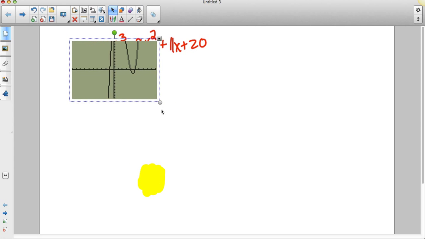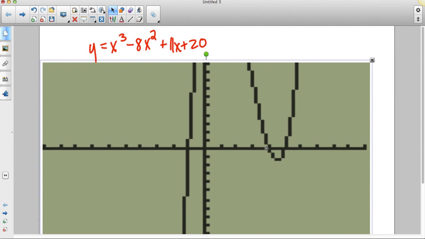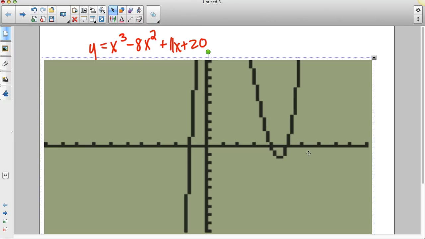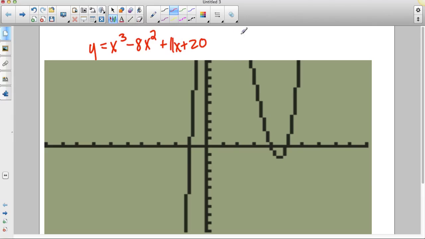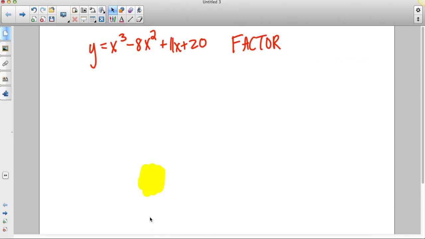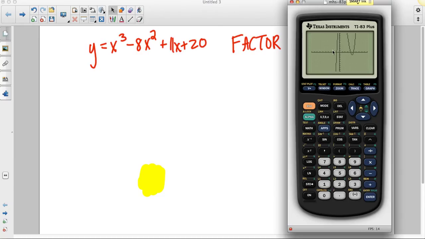Now, based on what we did yesterday, what do you think we're going to do? Oh, I didn't tell you the directions. I want you to factor this. Okay? So we're going to factor that. So what do you want to do? What do you think?